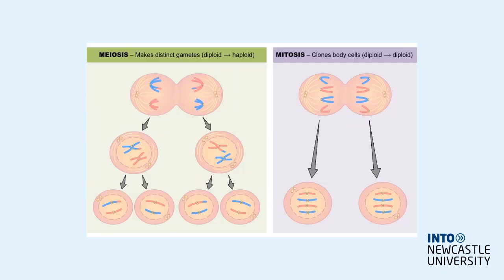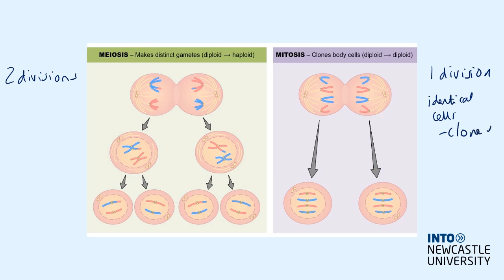So to summarize, we have looked at mitosis and meiosis in this topic, and we will be comparing and contrasting meiosis and mitosis in class together. But just to quickly mention some of the factors here, mitosis is 1 division. Meiosis is 2 divisions. Mitosis makes identical cells, what we call clones. Meiosis makes different cells.